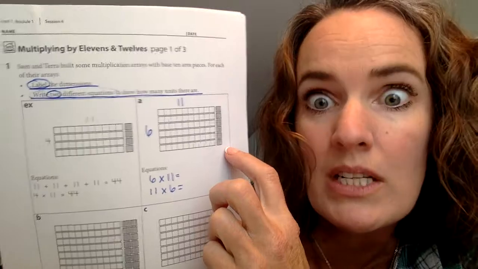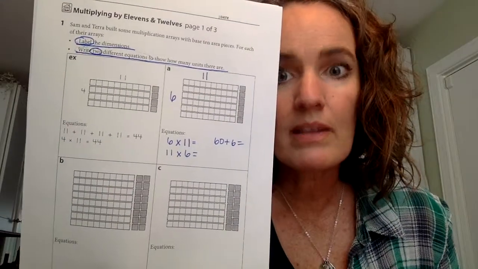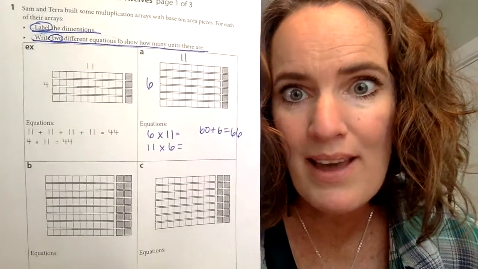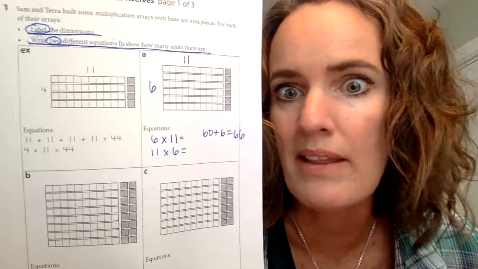Shaded. 60 plus 6. I'm just going to write that. 60 plus 6. What's 60 plus 6? 66. So there are 66 units in that array. So I know that 6 times 11 is 66. And 11 times 6 is 66.